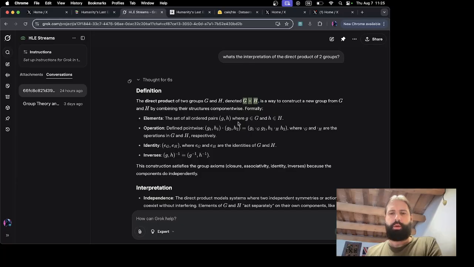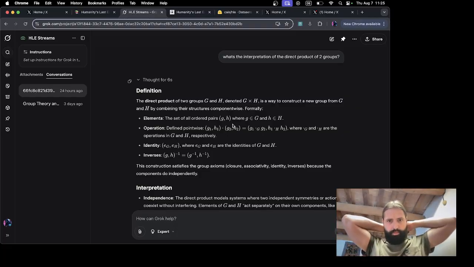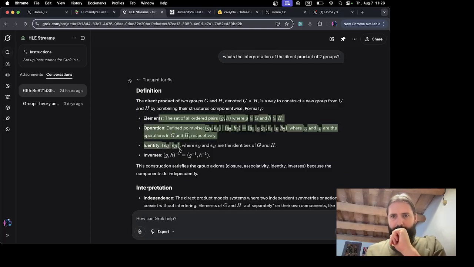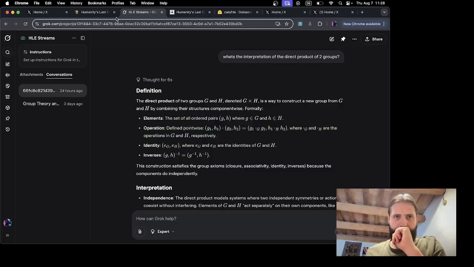Okay, cool. The inverses, the identity. Okay, so multiplying is just creating a new group.